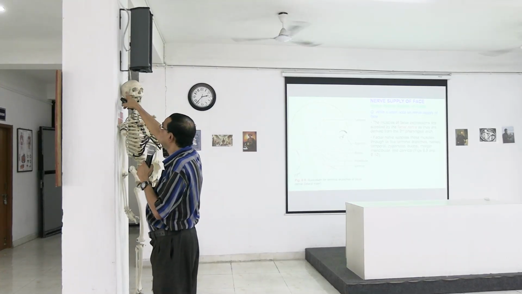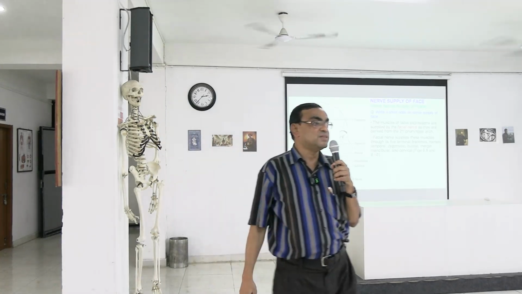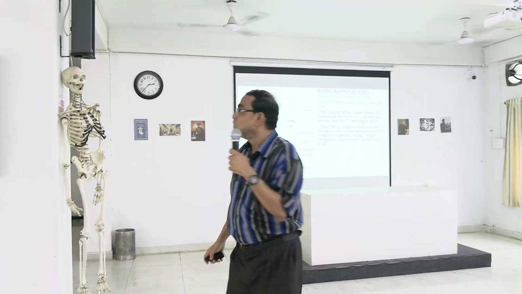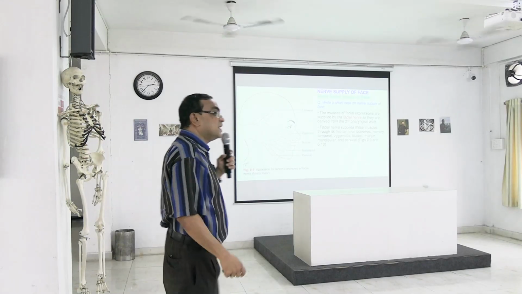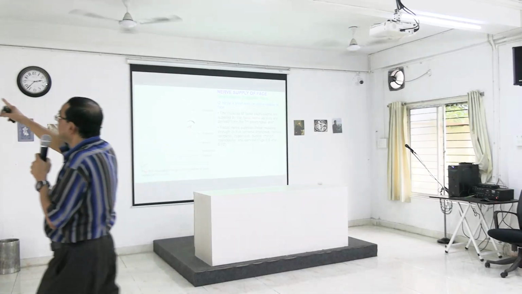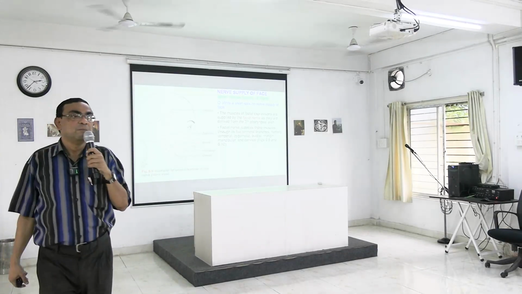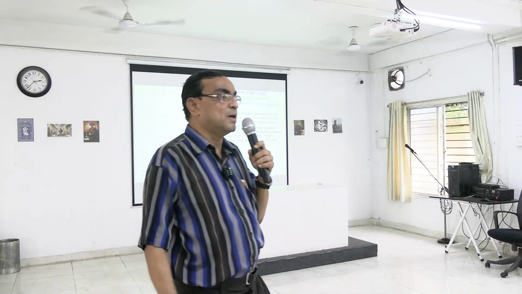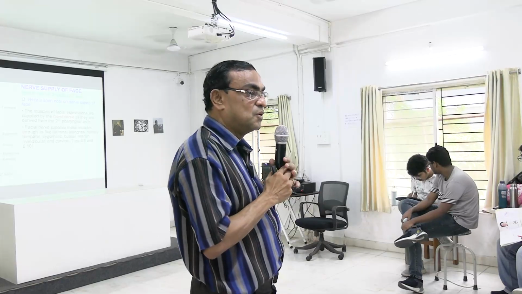So besides the temporal branch, one is going towards the zygomatic bone, so that is the zygomatic branch. One is going towards the cheek, that is called the buccal branch. One is going towards the mandible, that is called the mandibular or marginal mandibular branch. And one branch is going down, that is called the cervical branch. Okay.